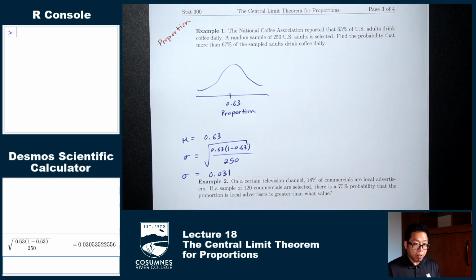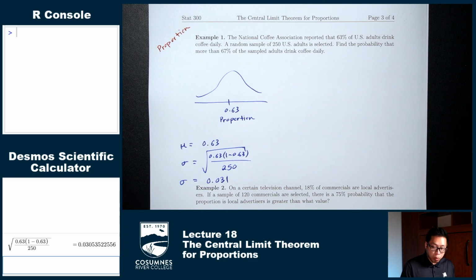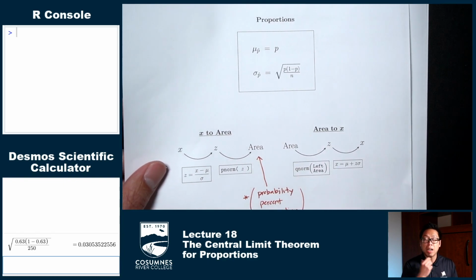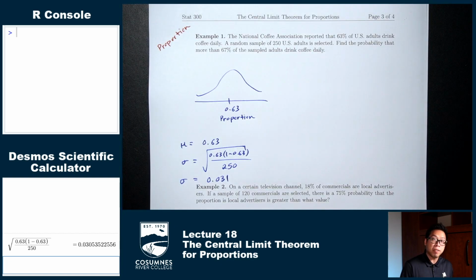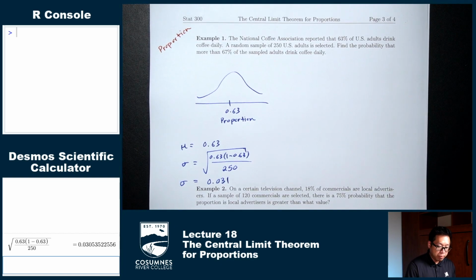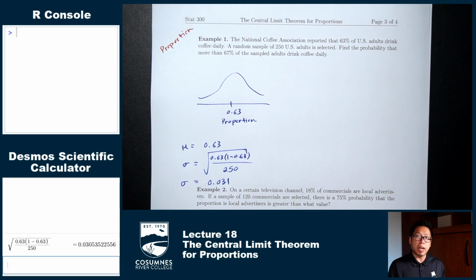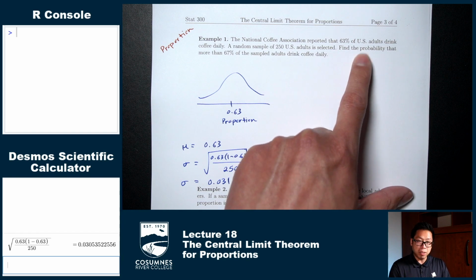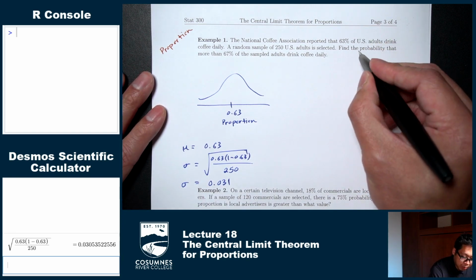Now, from here it's similar or the same as what we did in the previous 2 lectures. I need to decide what type of question it is. Is it an x to area or an area to x? And then I also need to decide whether it is shaded left, shaded right, or shaded between. So first of all, x to area or area to x. Read the very last sentence, the question. It says, find the probability.